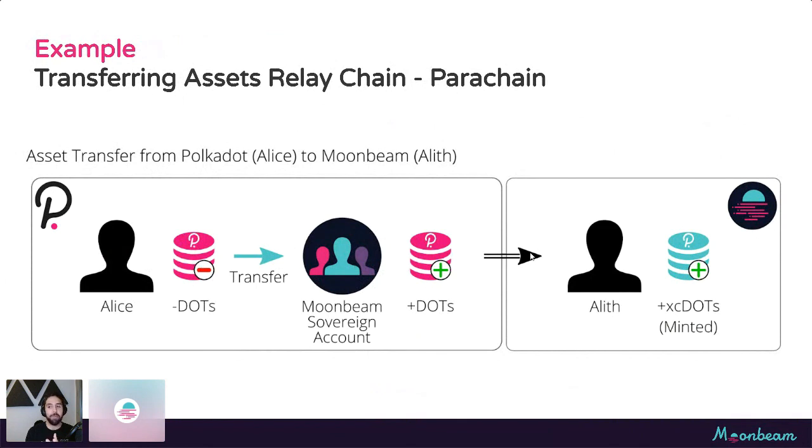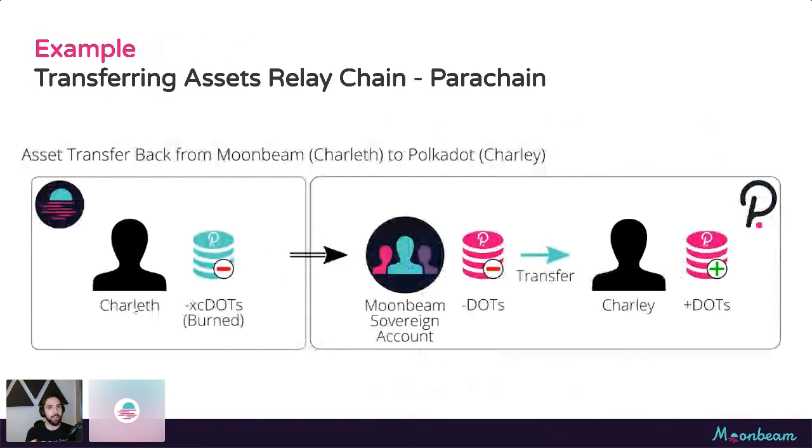And then what's going to happen is that on Moonbeam, some new assets called xcDOT are going to be minted and they're going to be transferred to Alice, right? So it's super simple if you explain it that way. Let's say Alice uses her xcDOT to send them to a friend called Charlotte, and then Charlotte wants to transfer these assets back from Moonbeam to Polkadot.